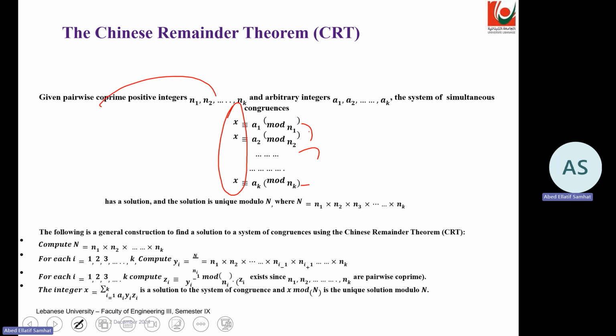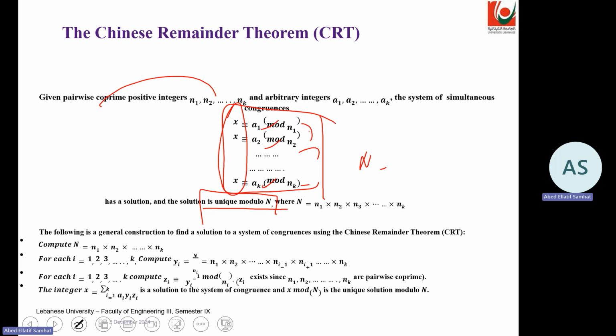So if you know a1, a2, and a3, which are the remainders, then the Chinese remainder theorem states that this system has a unique solution modulo n.